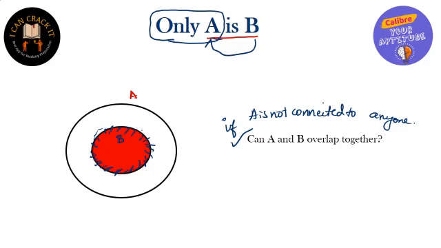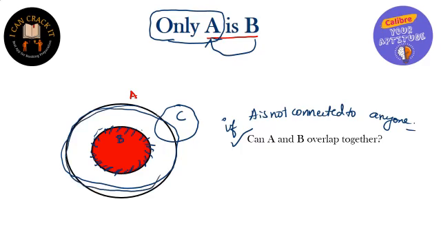Okay, if A is not connected to anyone, then only we can overlap A and B. If suppose some A is a C, okay, now if I overlap A with B, what happens? I will get this circle, the same circle as B, right?